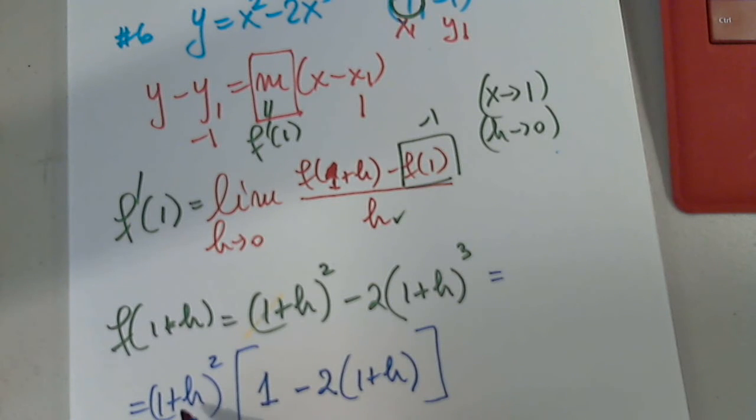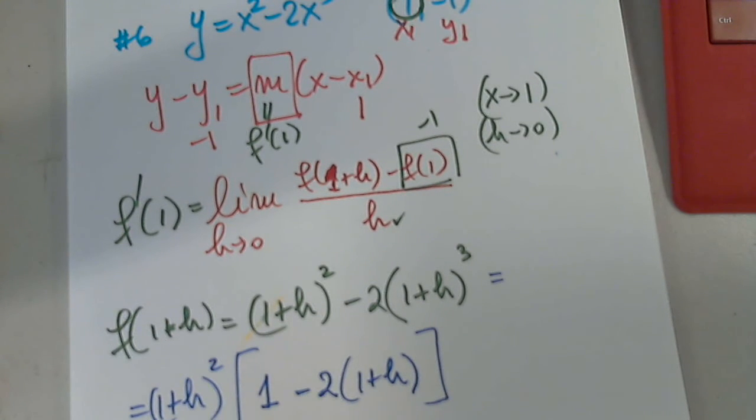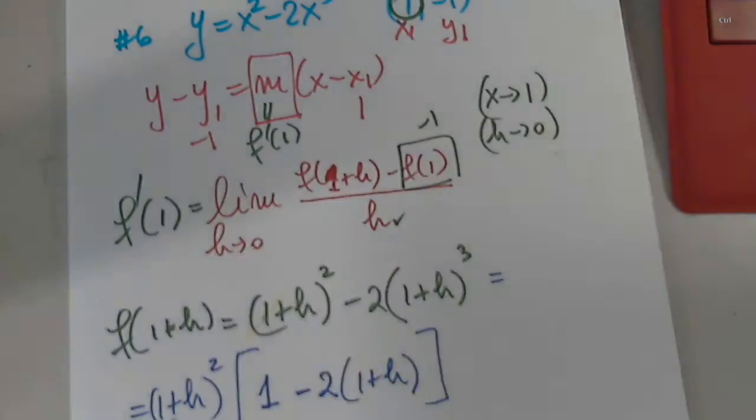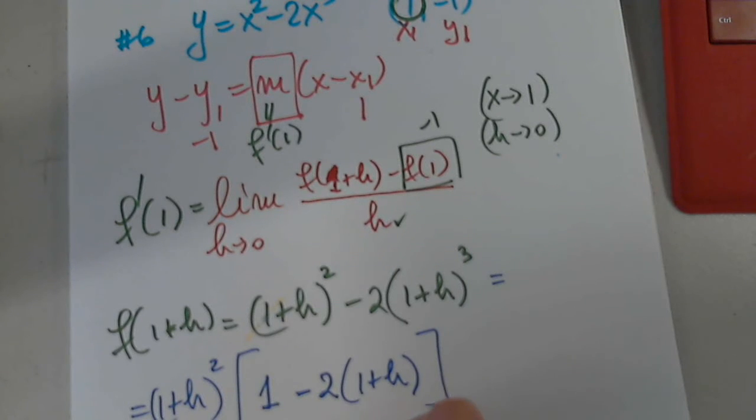Now I can expand this. How many terms do we get when we square a binomial? 3. Absolutely, please be careful, 3 terms. So this is 1 plus 2h plus h squared.